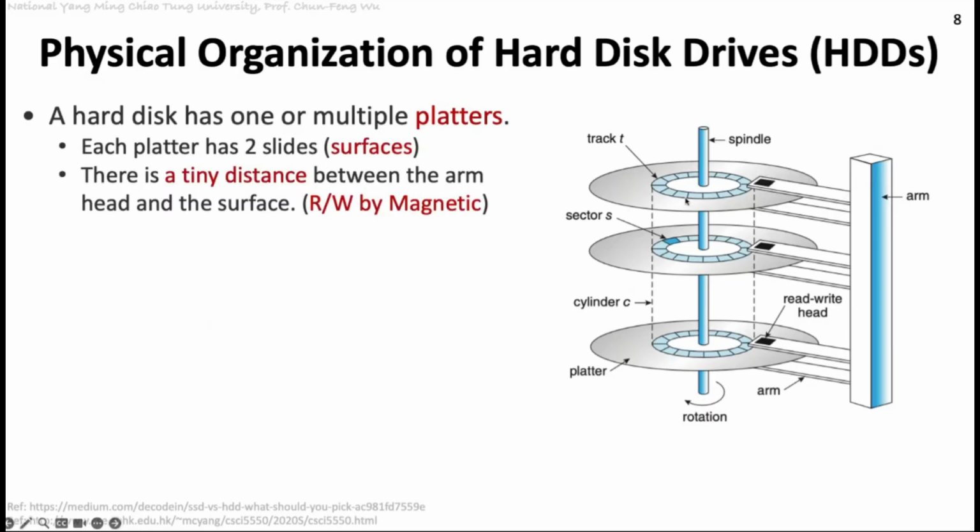The reason is that hard disk drives use a magnetic field to read out the data, so the head doesn't need to touch the platter. We can use the magnetic field to sense the data from the platter. All platters are bundled together by a spindle. The spindle can rotate, and at the same time all the platters rotate together.